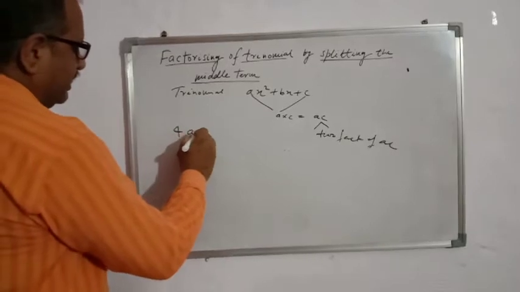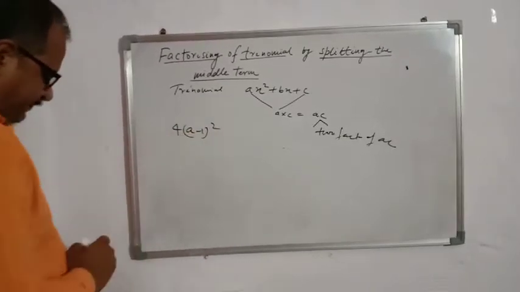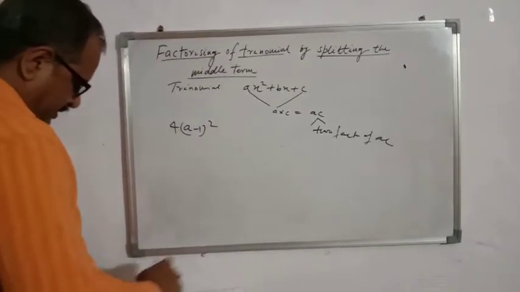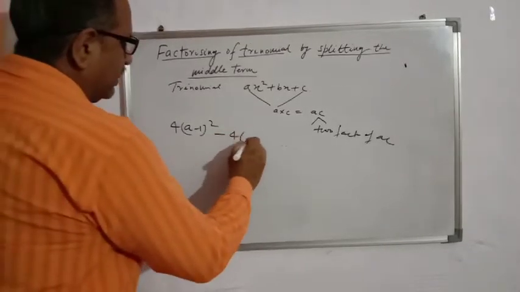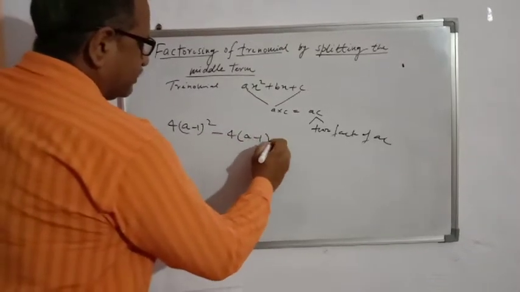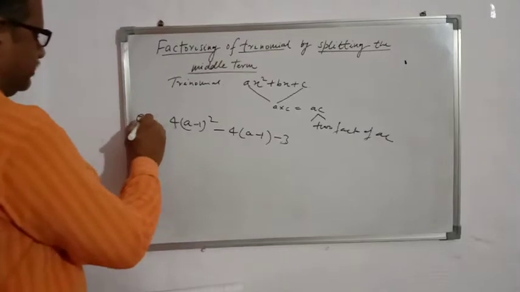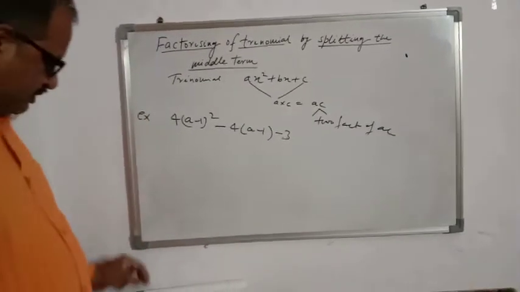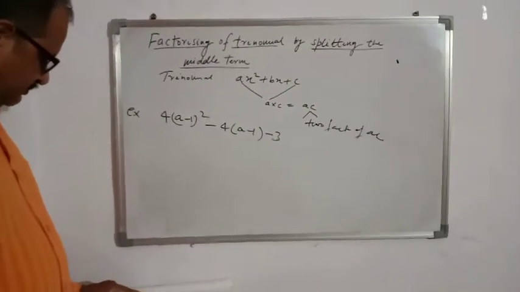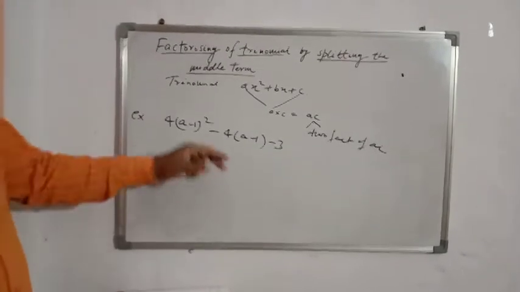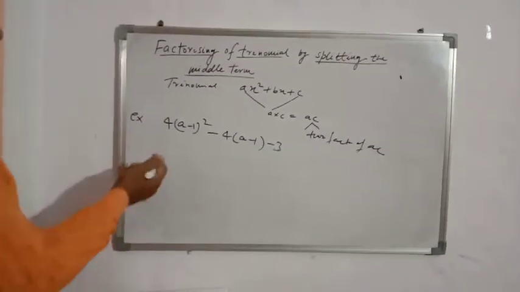4 times (a minus 1) whole square minus 4(a minus 1) minus 3.